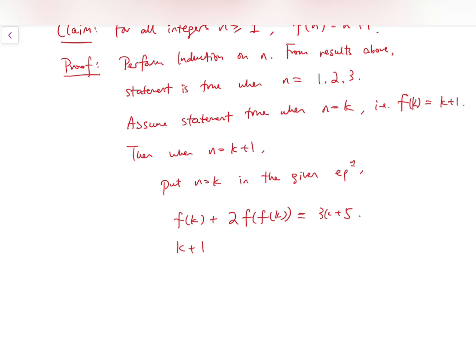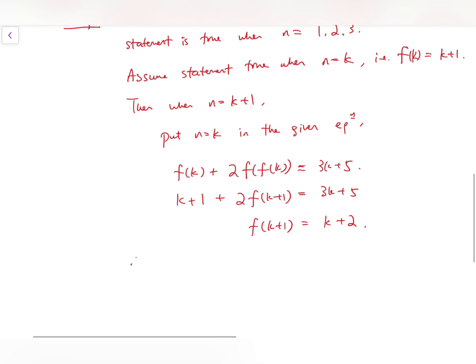Then by our assumption, f of k is k plus 1, so k plus 1 plus 2 times f of k plus 1 equals 3k plus 5. And by solving, we can see that f of k plus 1 is equal to k plus 2. And so therefore, done by induction.